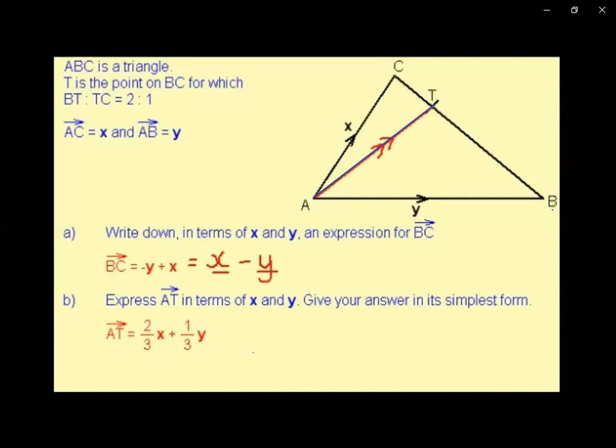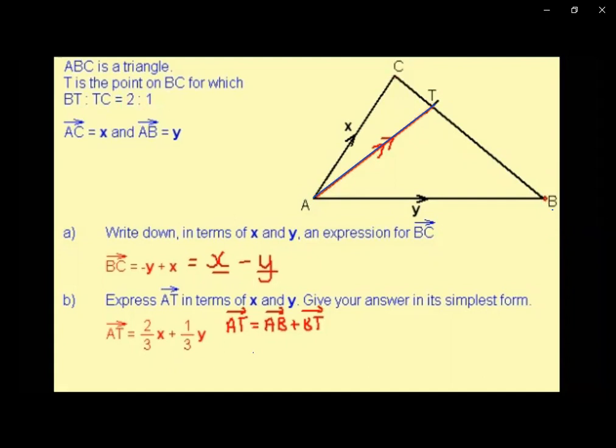So I now have that vector AT equals vector AB plus vector BT. To find vector BT, I'm going to use this information here. This is telling me that the side BC is split in the ratio 2 to 1.